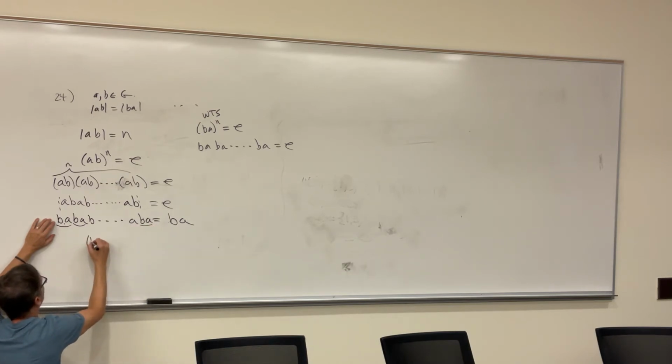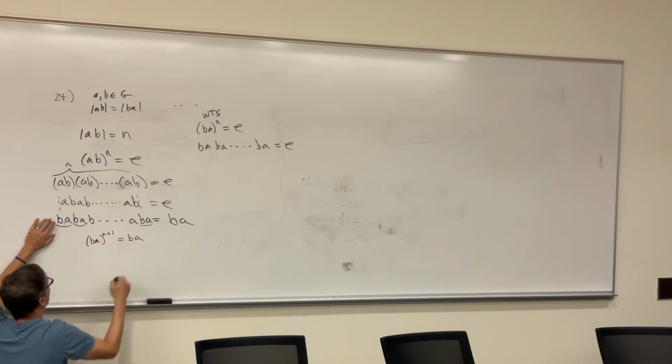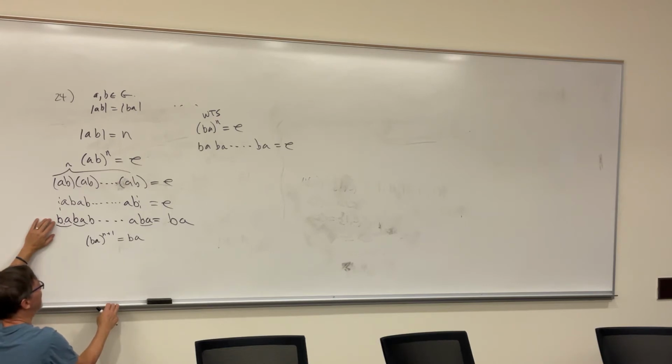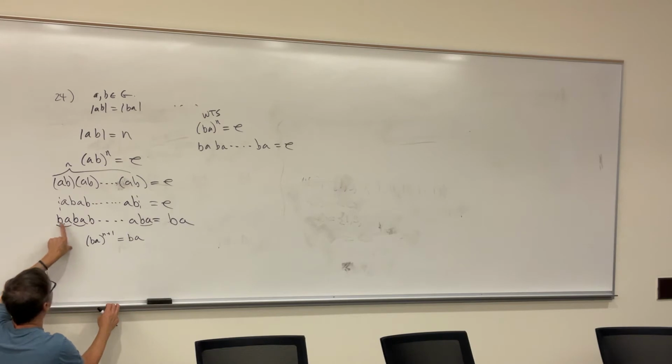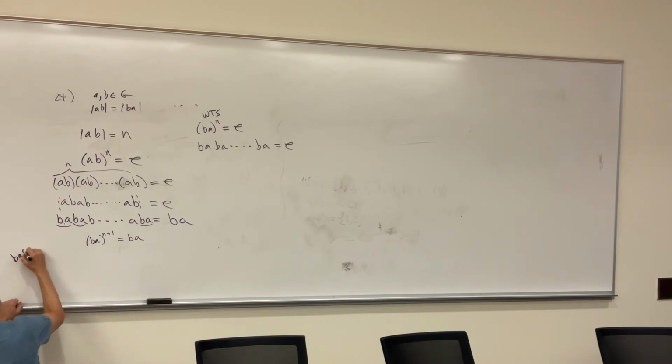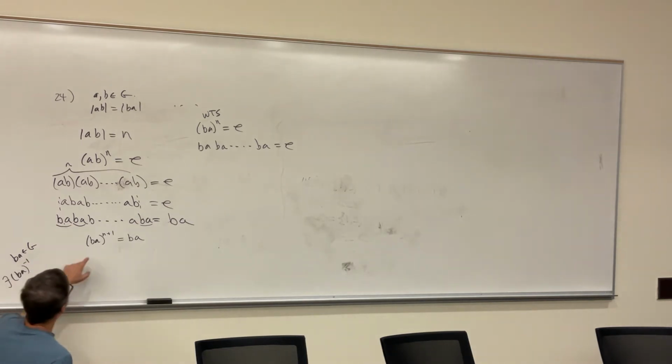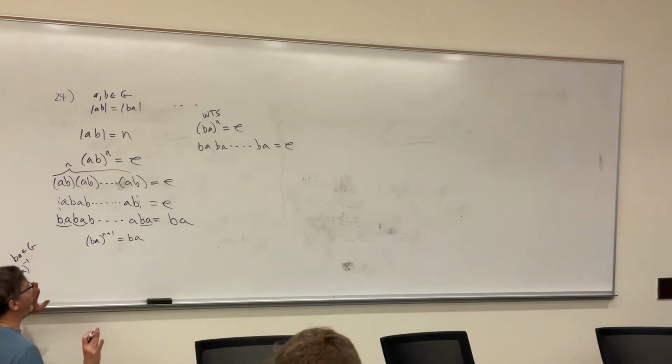And then, since this is a group, I know that BA is also in the group, and I know that there's a BA inverse that exists. So where can I go next?